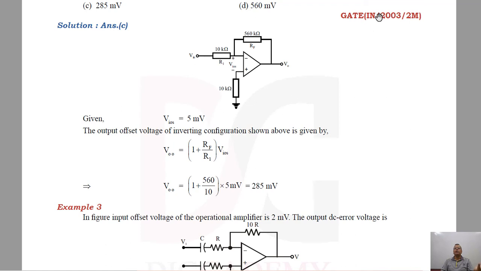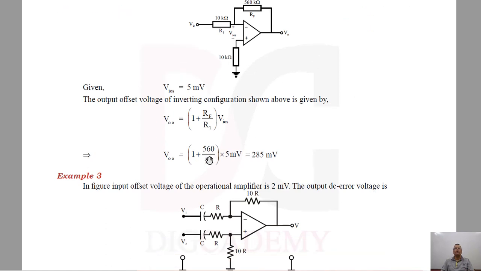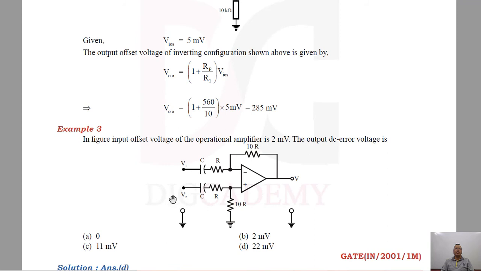The question was in instrumentation GATE 2003. Now again we are given this circuit. In the figure, the input offset voltage of the operational amplifier is 2 millivolt. The output DC error voltage, remember, output DC error voltage is nothing but output DC offset voltage. So again the expression will be similar here.